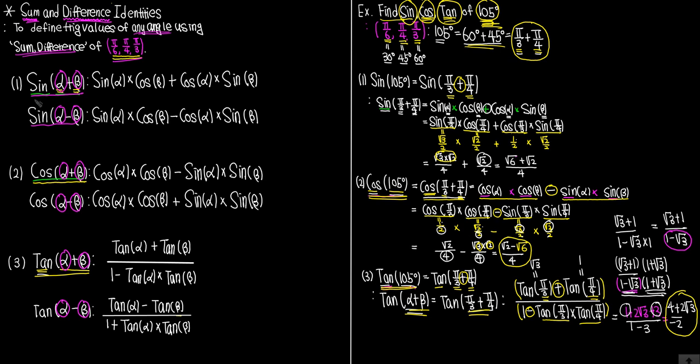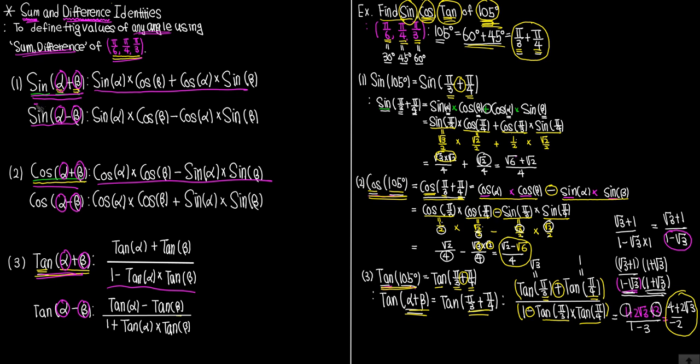The only thing we have to remember is the standard sum identities for sine, cosine, and tangent. The reason is that the sum identities are exactly equivalent to the difference identities for sine alpha minus beta, cosine alpha minus beta, and tangent alpha minus beta, except they have the opposite symbol.